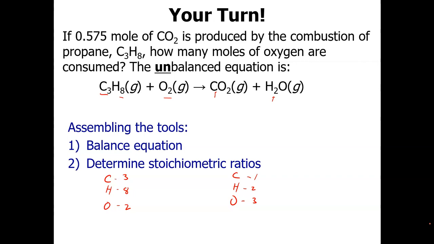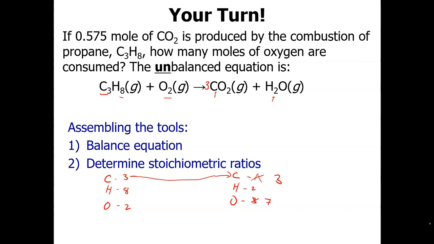So how do we fix this? We're going to have to multiply this more complex group by 3 to change the carbon into a 3. That also influences the number of oxygens: 3 times 2 is 6, plus this one over here, so I would have 7 at this point. So we're still not balanced.